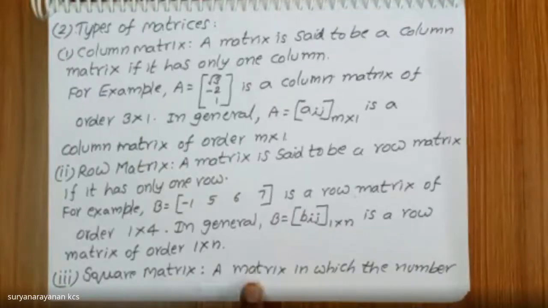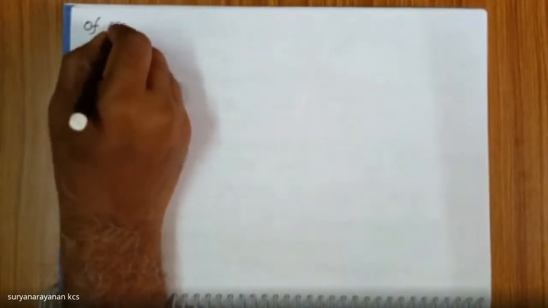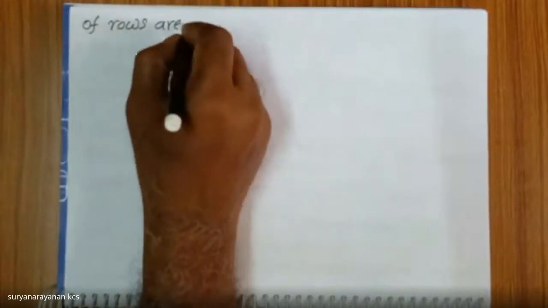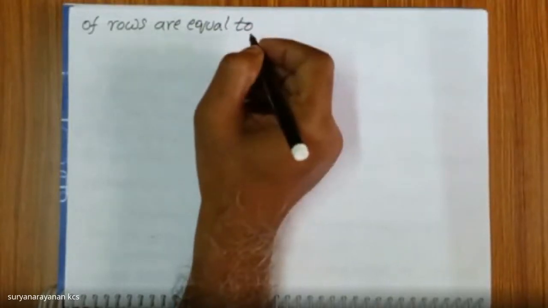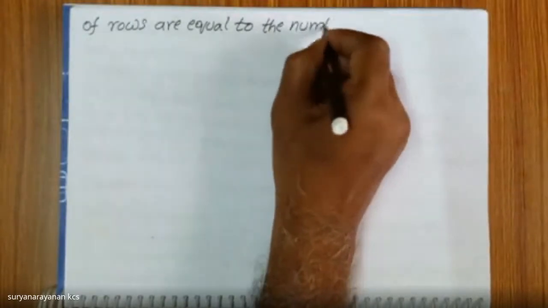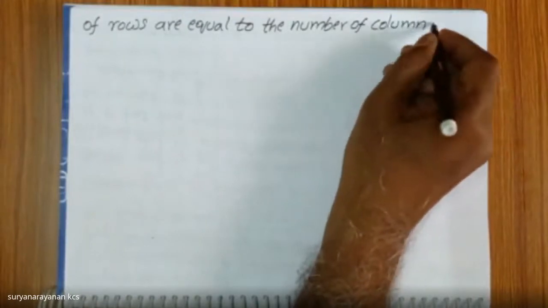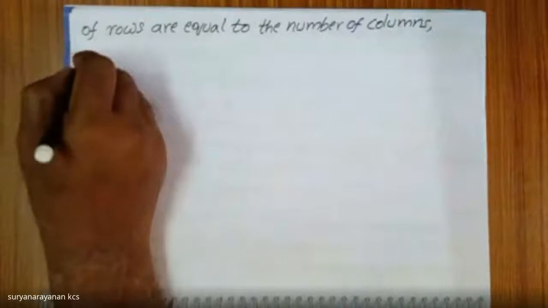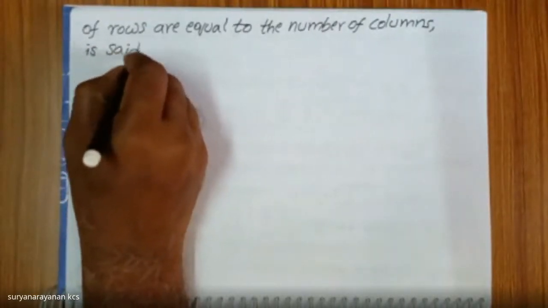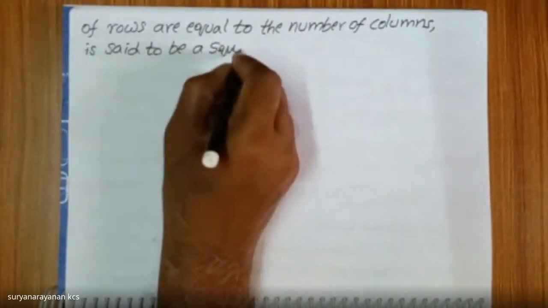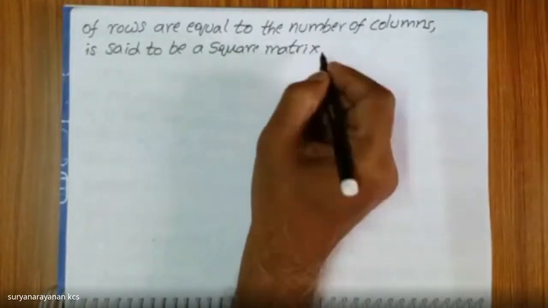Yes, right. Now, a matrix in which the number of rows is equal to the number of columns is said to be a square matrix.